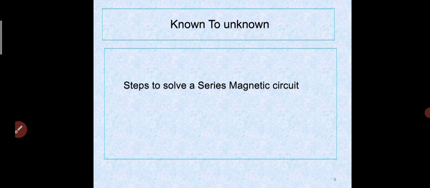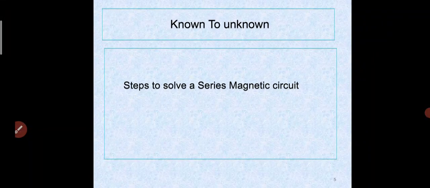Step 1: The mean length L and cross-sectional area A of various parts of the magnetic circuit are estimated from the given data and dimensions.